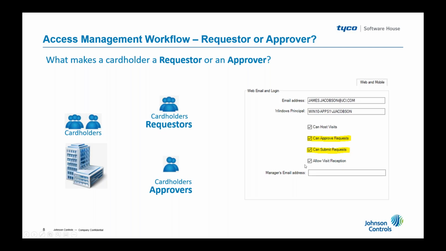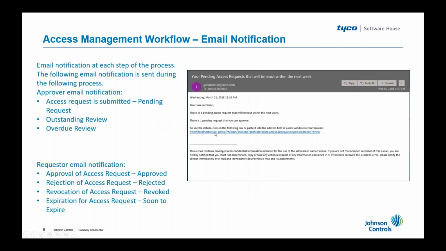The portal actually supports two different licensed features. One is visitor management, and the other is the access workflow. So here is where we would allow this particular cardholder to submit requests, or they're an approver of a clearance. So that's how we enable the cardholder records as requesters and approvers.